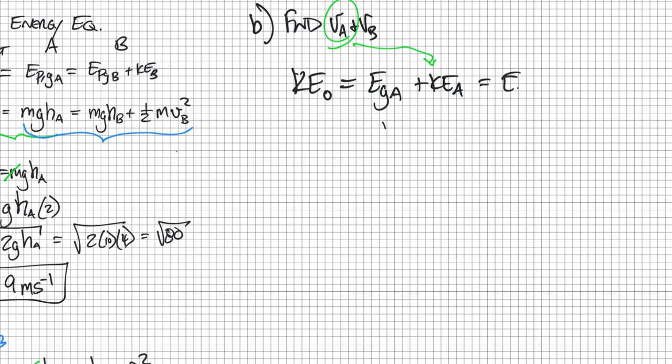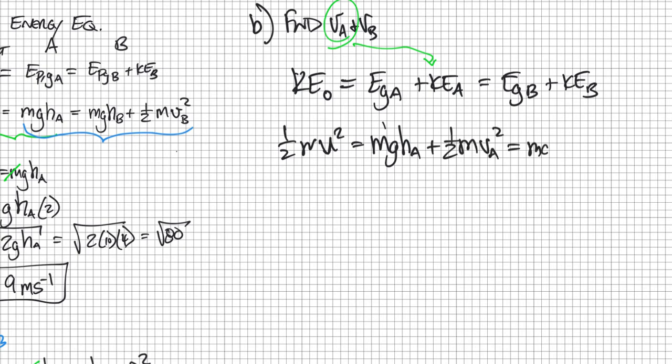Kinetic energy equals gravitational potential energy at B plus the kinetic energy at B. That's going to be 1/2 mu squared equals mgha plus 1/2 mva squared equals mghb plus 1/2 mvb squared.